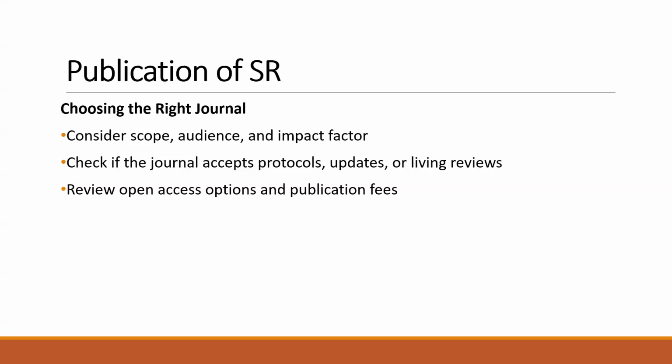Review open access options and publication fees. Always try to publish your article in an open access journal. That means once it is accepted and formatted based on the guidelines, it will be openly accessible to readers. Then there is a high chance for you to get citations. If someone wants to read your article and it is only available as an abstract, the citation chance will go down.